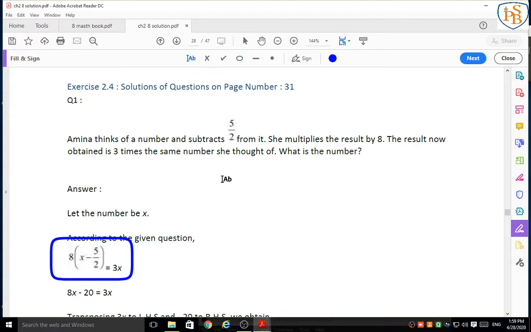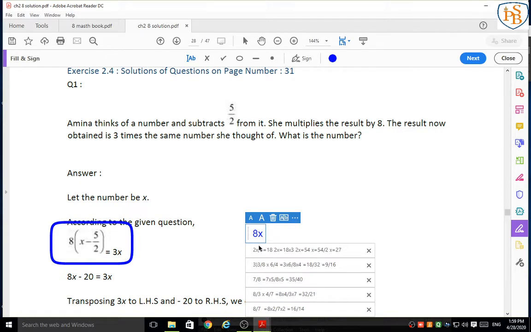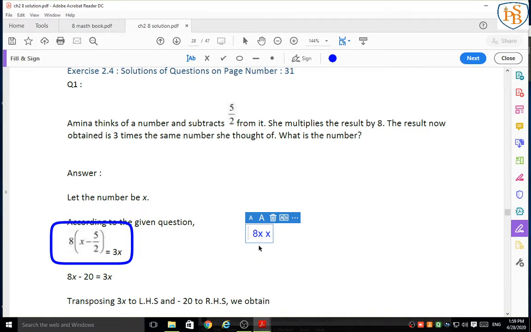Look here carefully at how I am going to solve this. 8 into x minus 8 into 5/2 is equal to 3x. So we get 8x minus 5 into 8, that is 40/2.